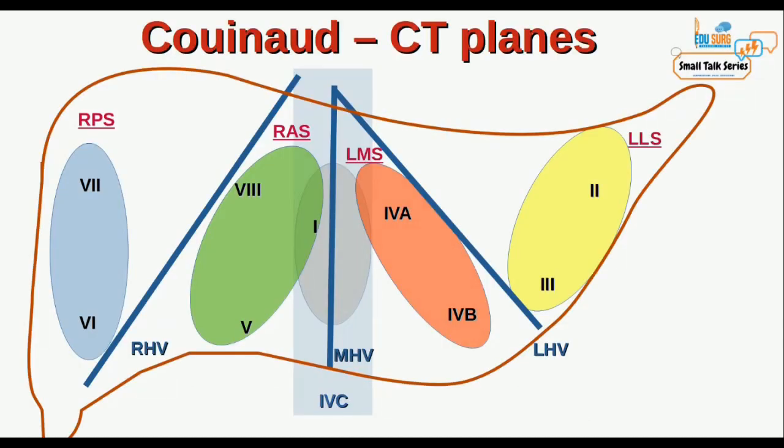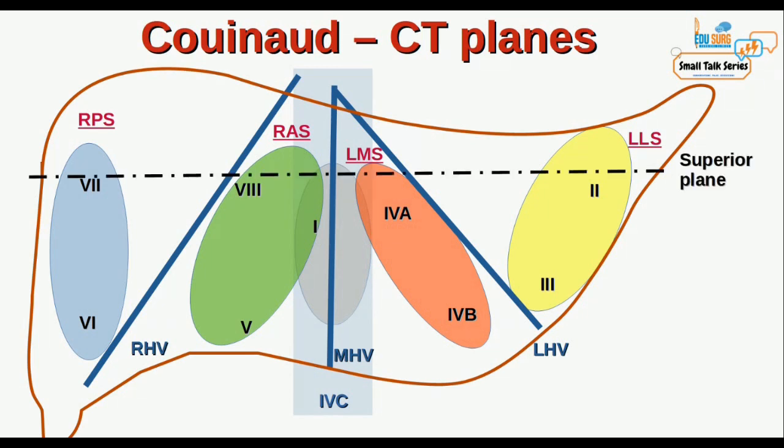So, as we have seen this Couinaud classification, the most important thing to understand is that you can understand the segments in a CT scan very easily in three planes. The superior plane usually is where the hepatic veins have just started to converge towards the cava.